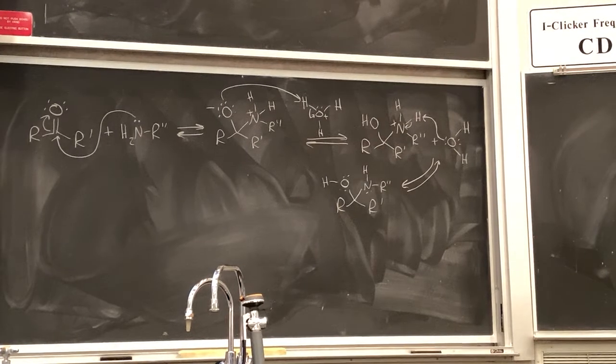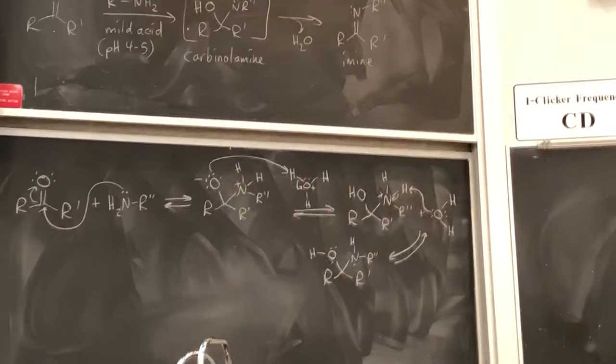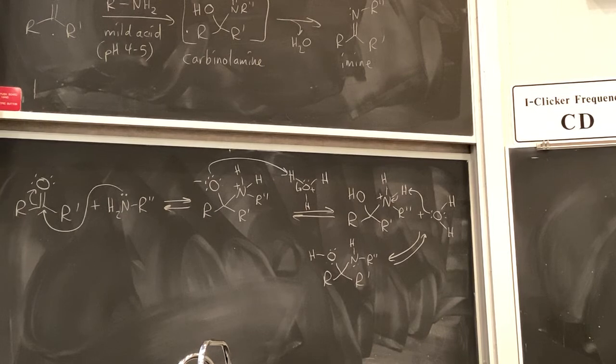You might ask, why can't we just use the oxygen to deprotonate the neighboring nitrogen? That would save us a step. You could do that, but the problem with that is it would involve a 4-membered cyclic transition state, which is going to be strained.